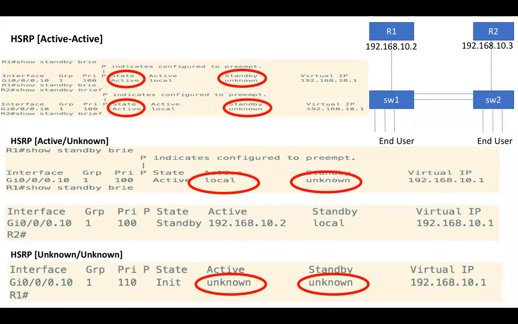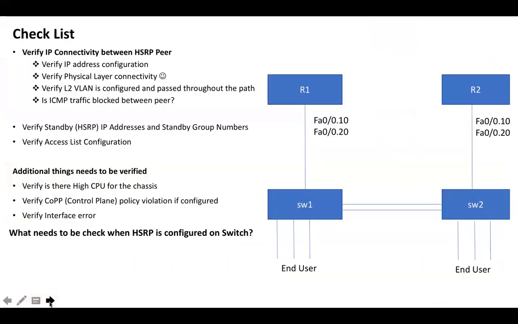How will you start troubleshooting in case you encounter such issues? Here is the checklist. I request you to follow this checklist in case you encounter HSRP issues like HSRP active active, HSRP active unknown, or HSRP unknown unknown.